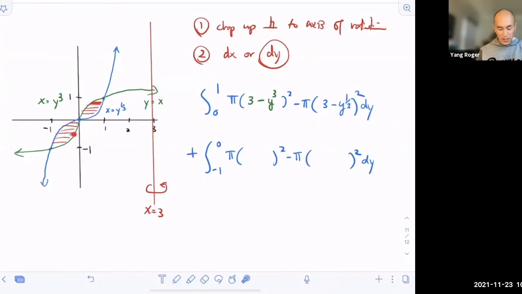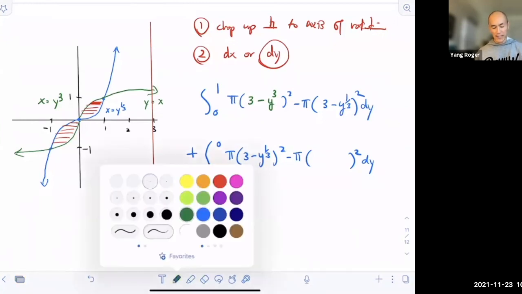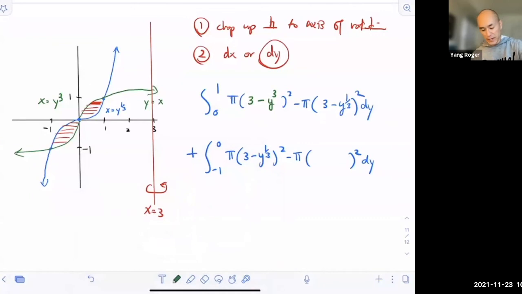So that's going to be 3 minus whatever the blue curve is. The blue curve is y to the 1/3 power. And R small is going to be the distance from the red line to the green curve. The red line is 3, and the green curve is y cubed.